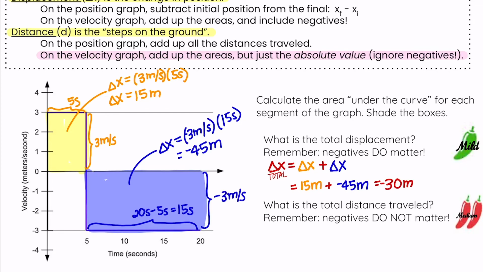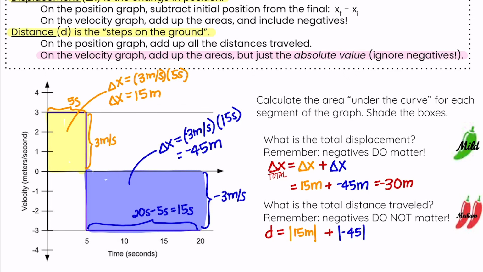So we're going to take a look at the distance, which is going to be d, or lowercase d. And we're going to add up the absolute value of our yellow, which is 15. So the absolute value of 15 plus the absolute value of negative 45 meters.